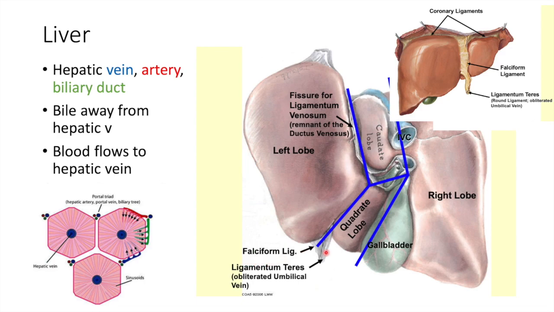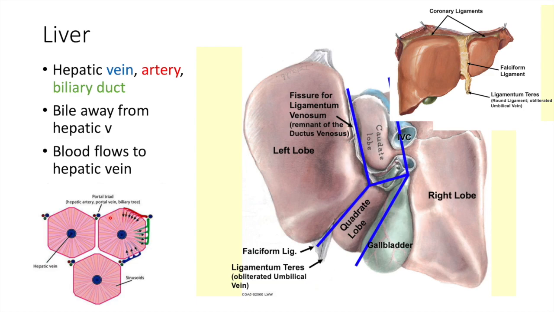Falciform ligament right here, as we had talked about on the front, and then that's the end of our ligamentum teres again. Right here between our caudate lobe and our left lobe is going to be the fissure for our ligamentum venosum, which was the remnant of the ductus venosus. In our liver, we've also got this portal triad consisting of our hepatic artery, portal vein, and our biliary duct.